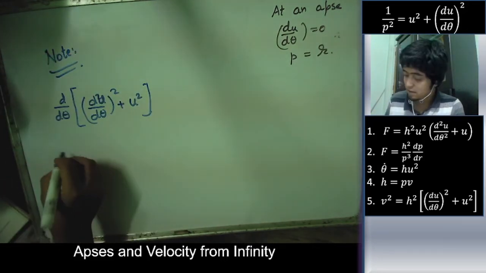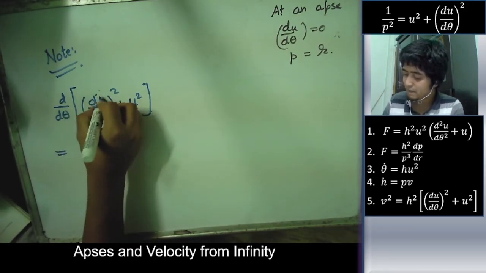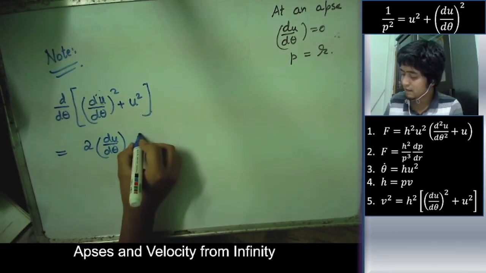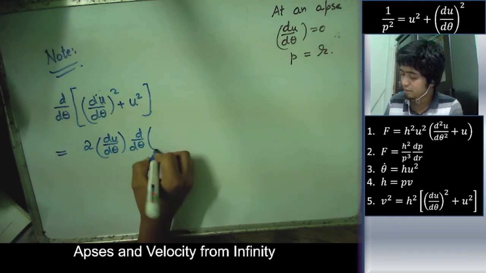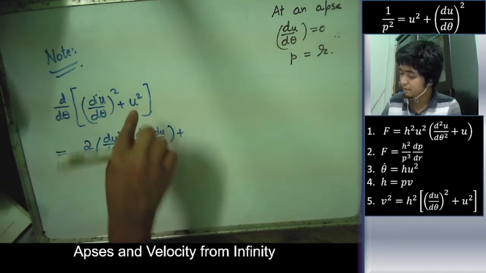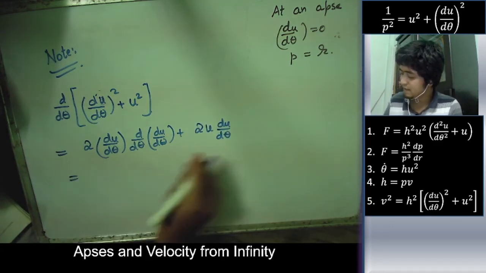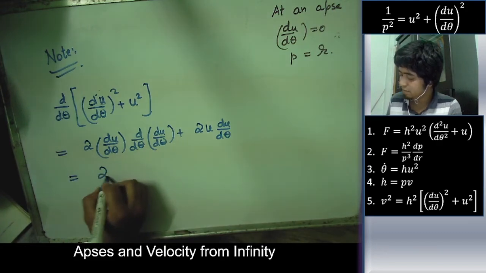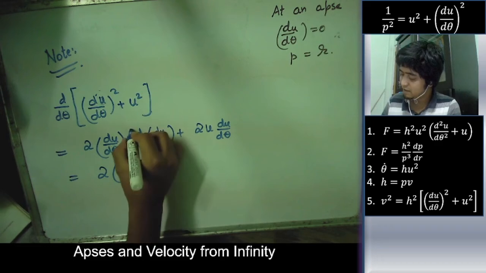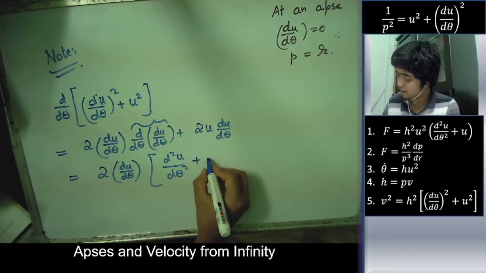If you differentiate it with respect to θ, (du/dθ) squared, you will have 2 du/dθ times d/dθ of du/dθ, plus d/dθ of u squared will give you 2u du/dθ. So you can take 2 du/dθ as common. You will be left with the term d²u/dθ² plus u.